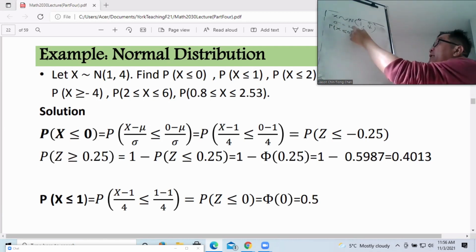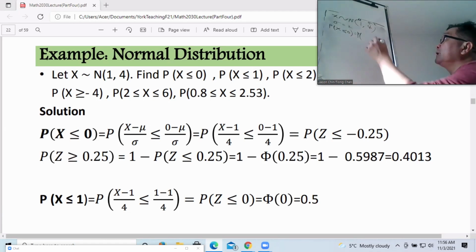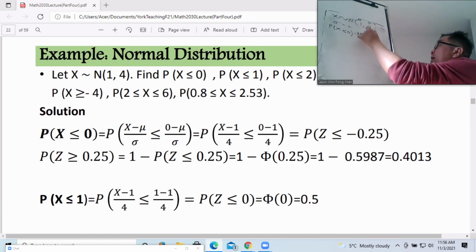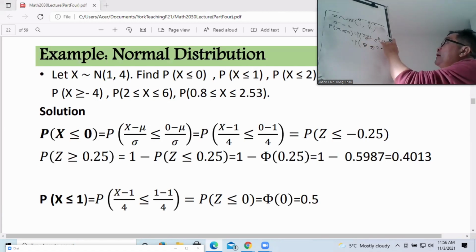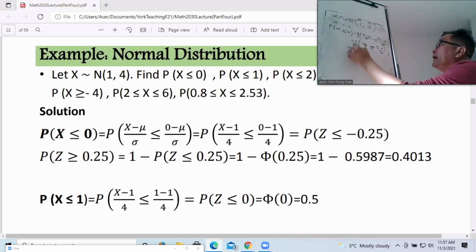Okay, so what's the formula to do the transformation? X minus mean over standard deviation, 0 minus mean over standard deviation. This is z. The mean is 1, standard deviation 2. So what do you get?